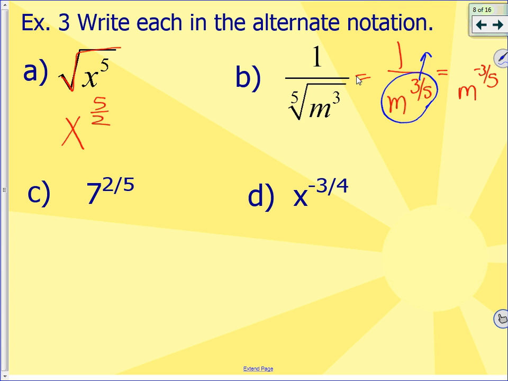How about 7 to the 2/5 power? How would I write this with a radical? Brennan? 7 squared, and then the 5th root.